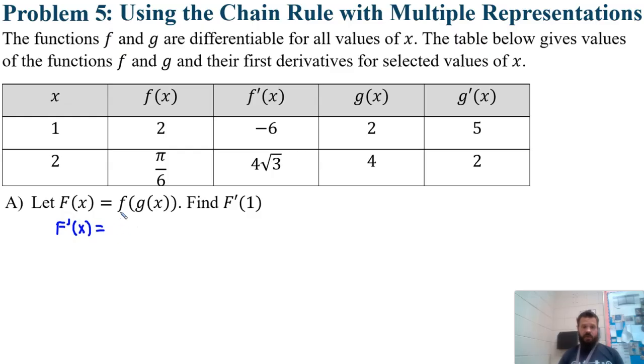Here, f composed of g, that's just our chain rule. That's going to be equal to f prime of g of x times g prime of x. So if I want f prime of 1, I'll just take this derivative function and plug in 1s for the x's. So we have f prime of g of 1 times g prime of 1.